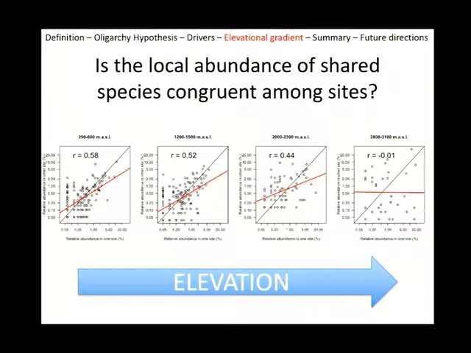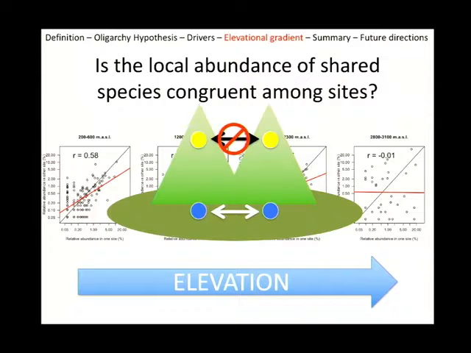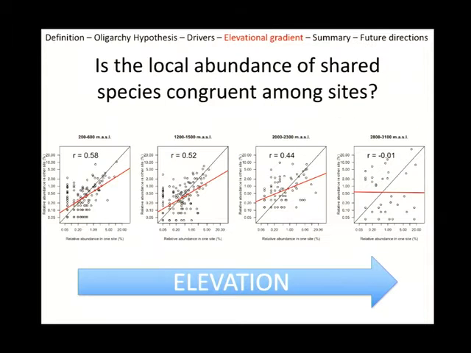And the black diagonal is the null hypothesis that the abundances of the species are exactly the same in the two sites. And we found a deviation from the diagonal that increases with elevation, to the point that in upper mountain sites above 2,800 meters in elevation, the species can be the same, but the abundances of the species are completely independent from each other.